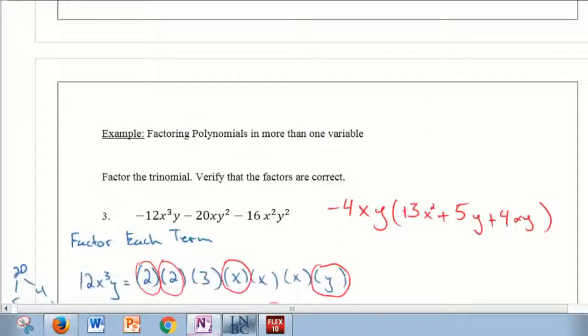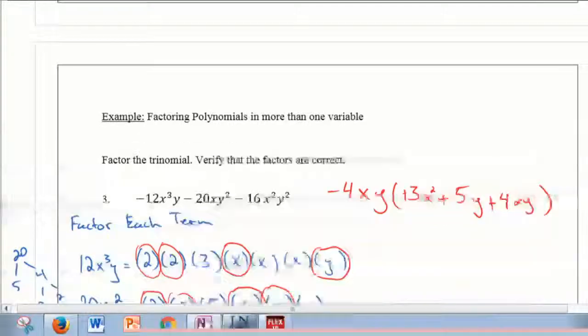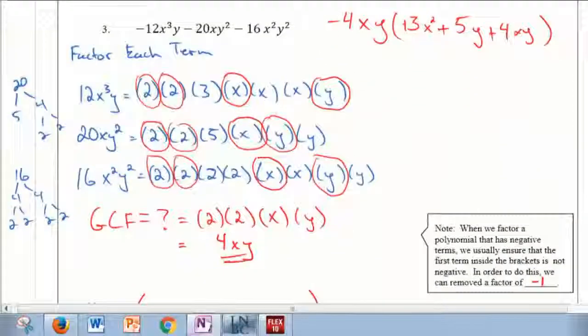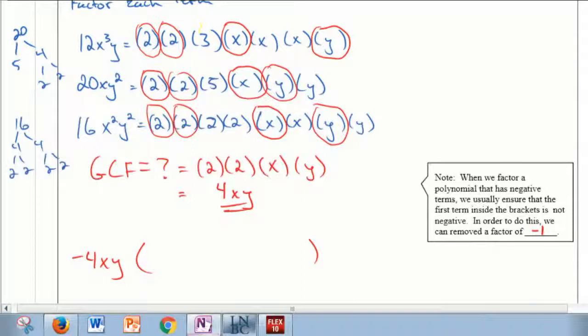If I look at my first term, I pulled out a greatest common factor. What's left? Well, I have a 3 here, I have an x, and I have another x. So what's left in that first term? 3 times x should give me 3x squared.